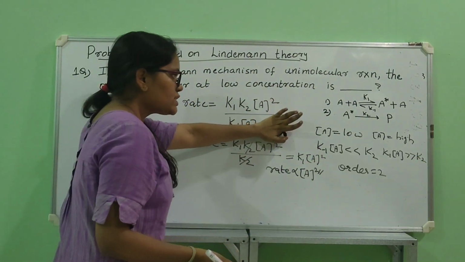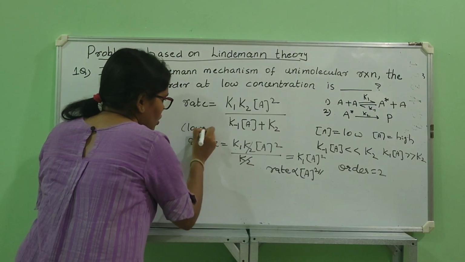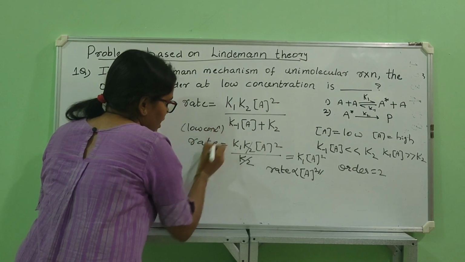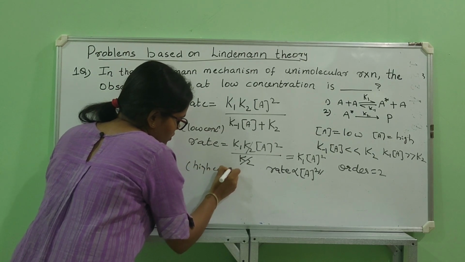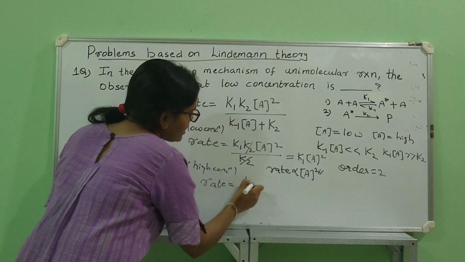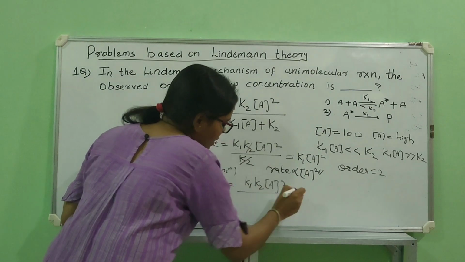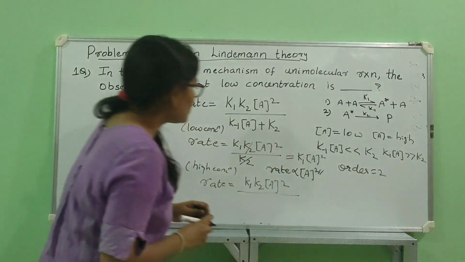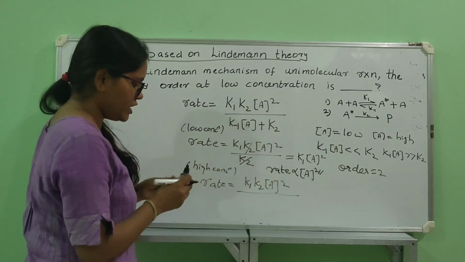So in this case, you can neglect K2. So this is at low concentration. At high concentration, rate is equal to K1, K2 into A square by, so here you have to neglect K2 because concentration of A is high.